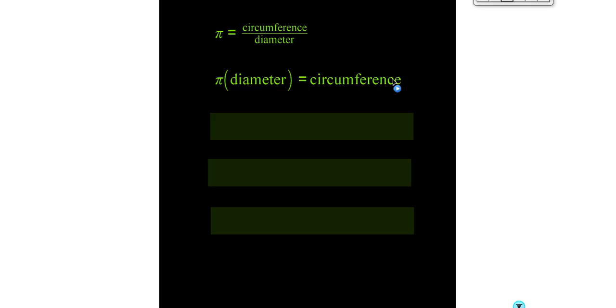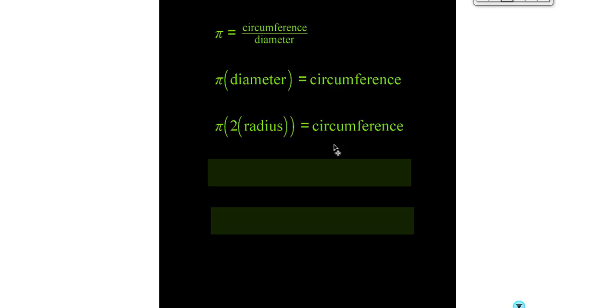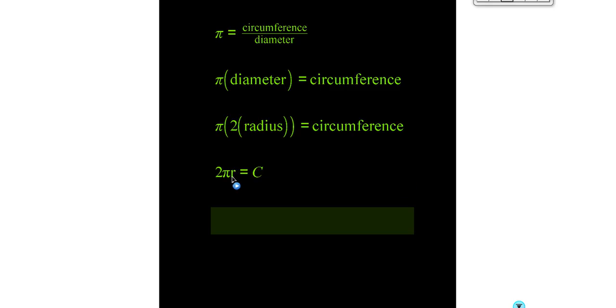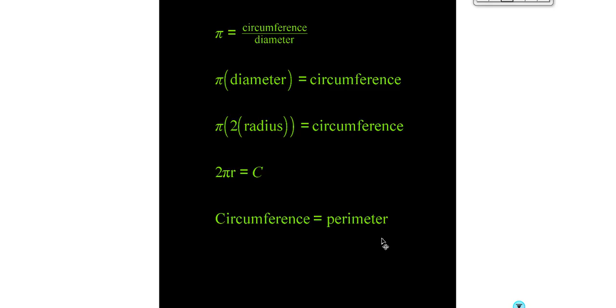Solving for circumference, I multiply both sides by diameter, and then substituting twice the radius for diameter, I get 2 pi r equals the circumference. And let's keep in mind, the circumference of a circle is really the perimeter of the circle, and in fact some places they don't even use the word circumference, they just use the word perimeter.